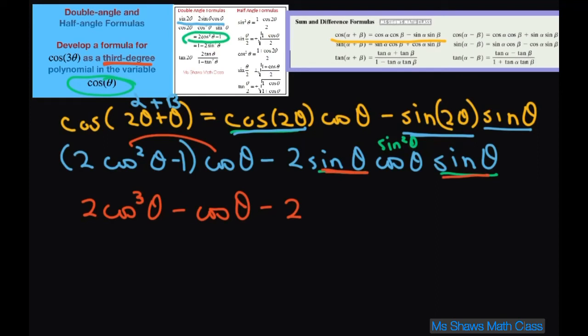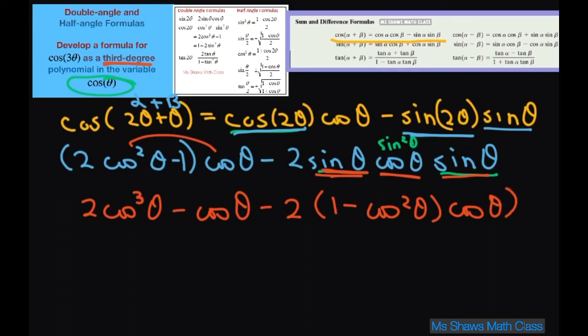So I have the sine squared. Now I still want everything in terms of cosine. So for sine squared, I'm going to write this as 1 minus cosine squared of theta. That's for these two. Now we still have this cosine of theta.